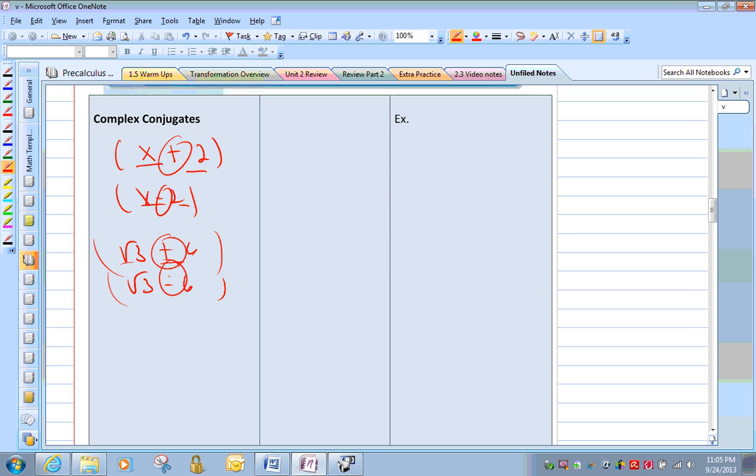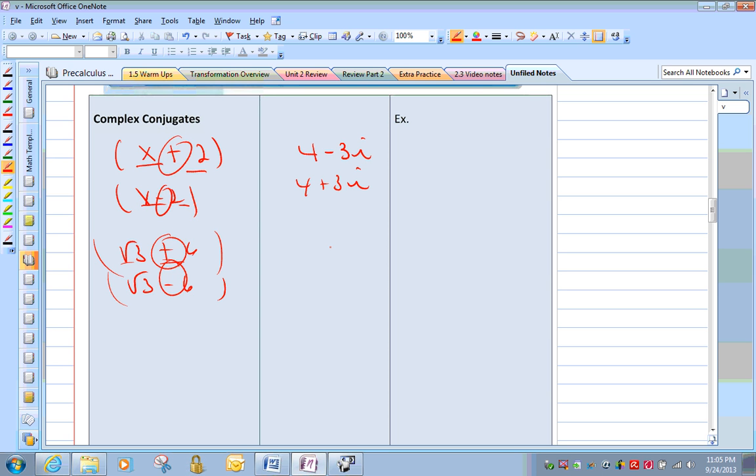So let's take a look at a couple of complex values. We have 4 minus 3i, and the conjugate would be 4 plus 3i. That's pretty simple. Now, let's take a look at taking the conjugate out of a denominator.